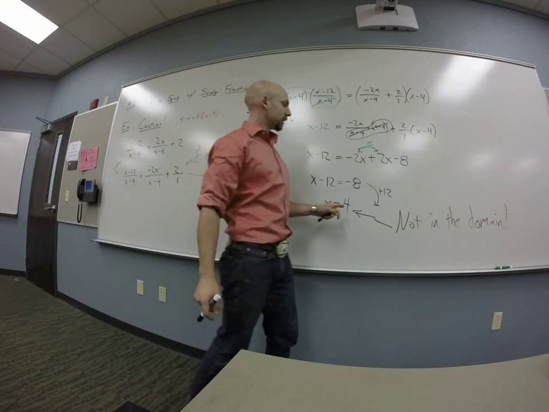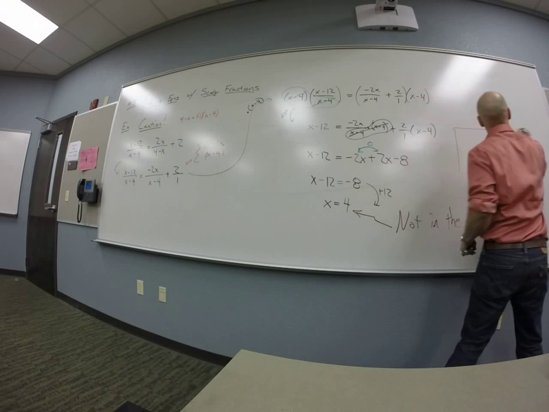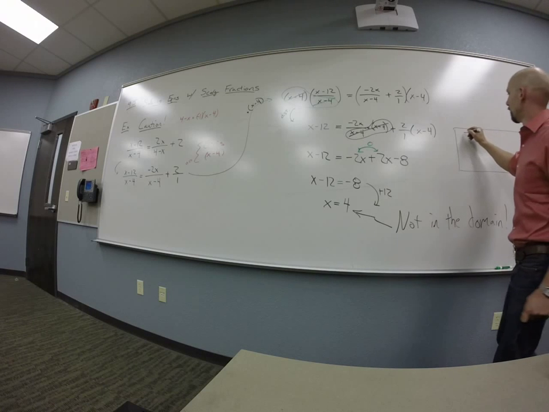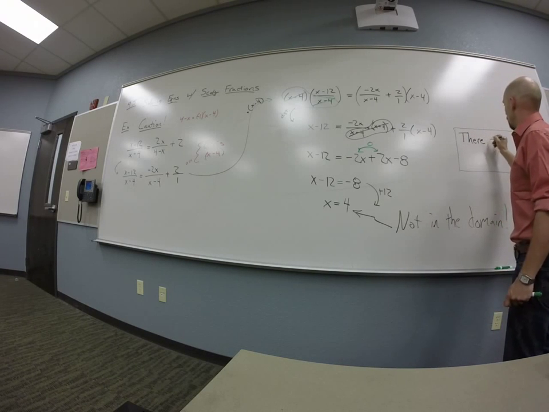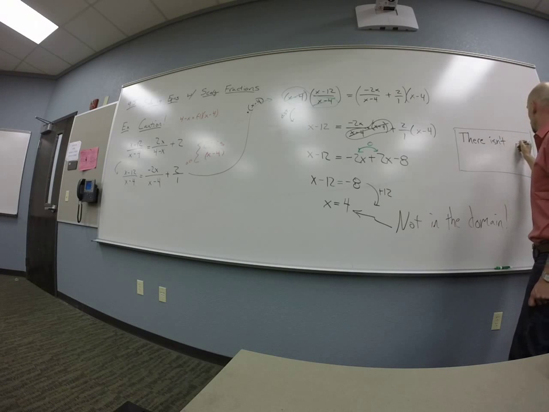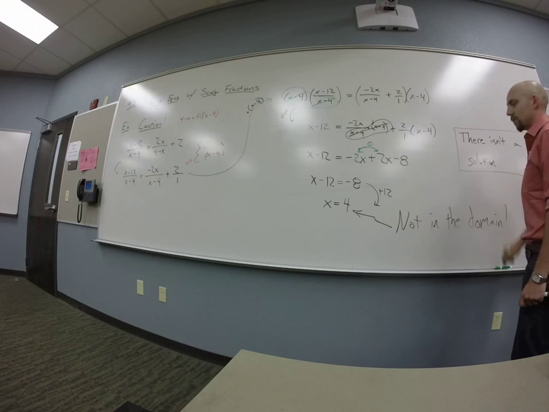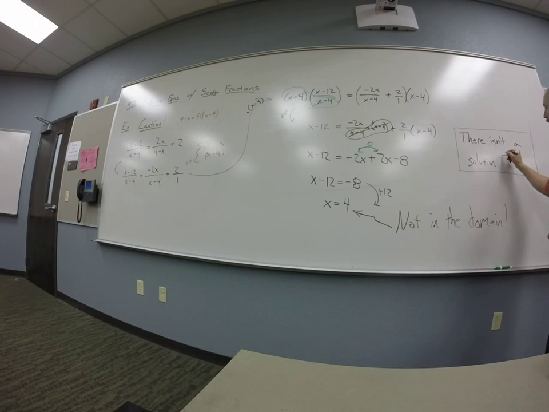So the answer is, what's the answer? 4 is not all those. There isn't a solution. Then maybe in parentheses, x equals 4 is an extraneous solution.